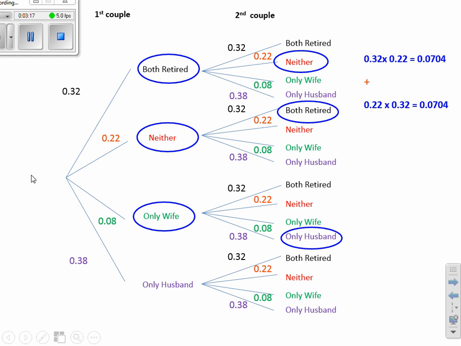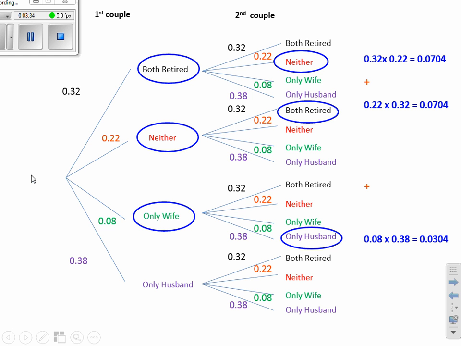We can't have them both, and we can't only have the wife, because that means it's two wives, and the question wants only one of the two wives and only one of the two husbands. So that satisfies the condition.